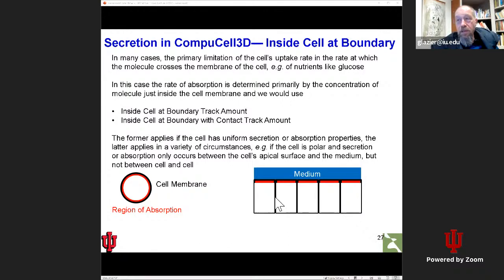In particular, there might be things like gap junctions, which are holes between the neighboring cells this way, but there might be active pumping, exocytosis or endocytosis of vesicles carrying molecules either in or out of the cell to the medium.